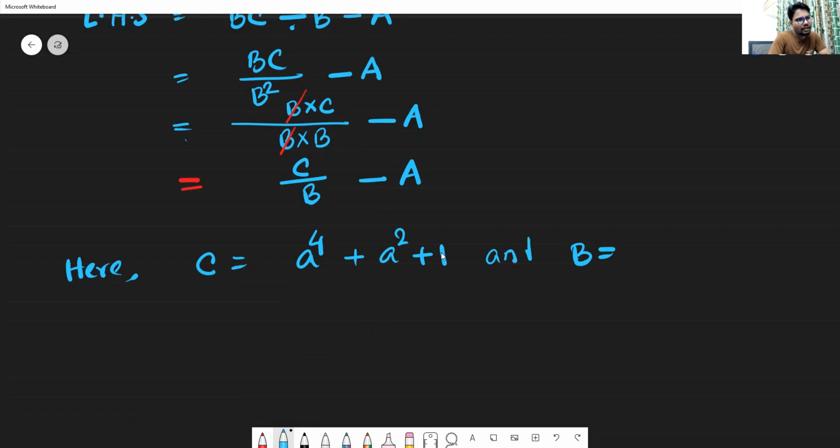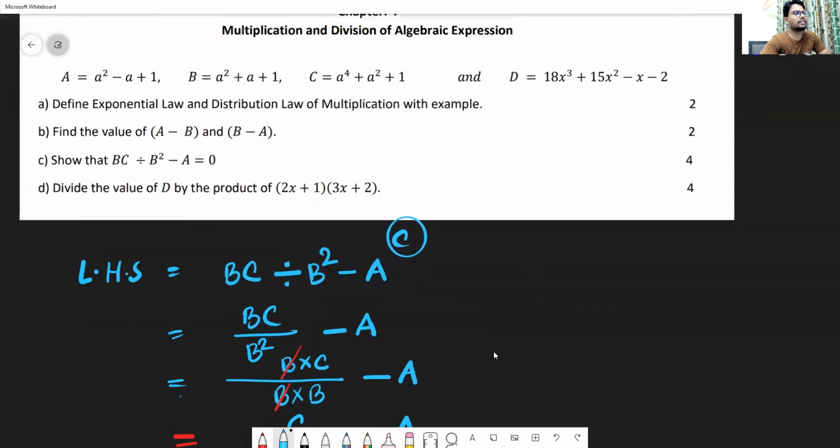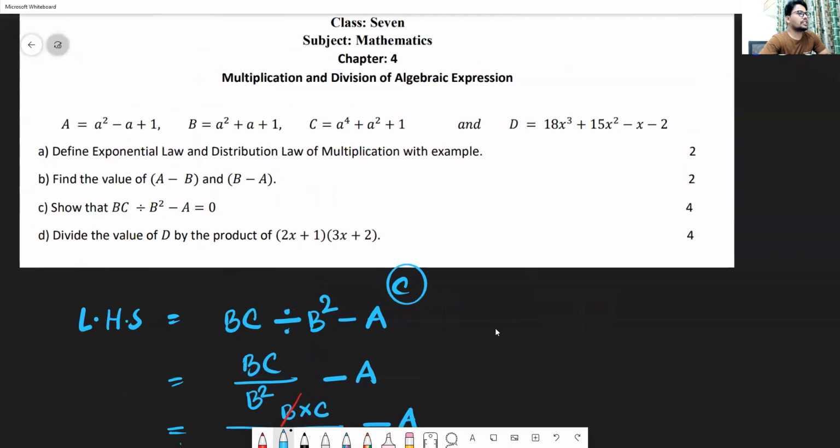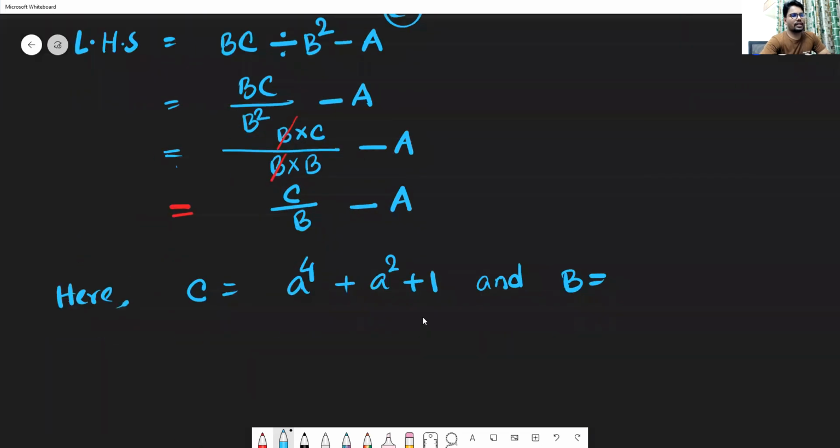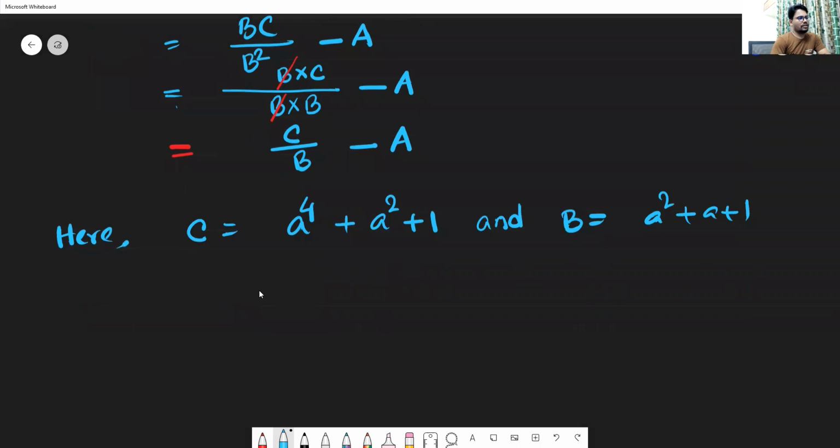And the value of B is A square plus A plus 1. Now divide C by B. So here A square plus A plus 1 is the divisor. Dividend is a to the power 4 plus A square plus 1.